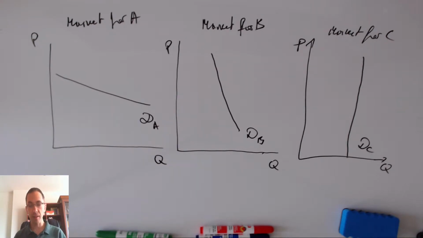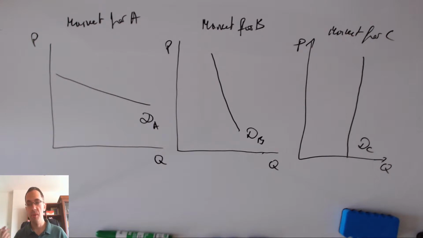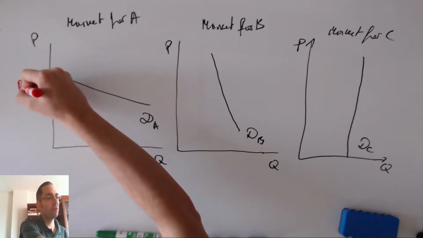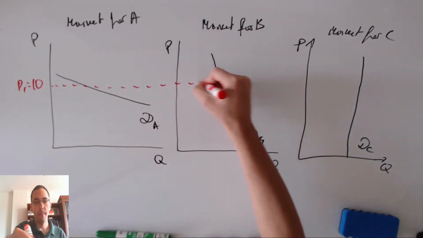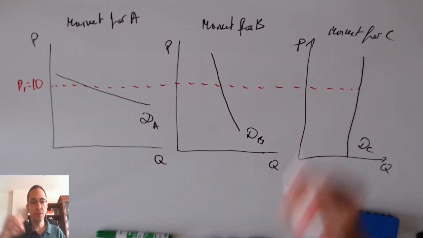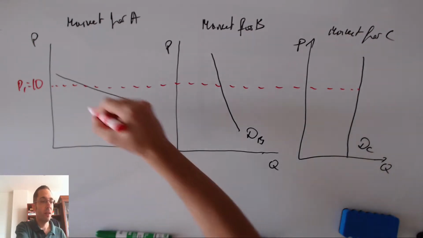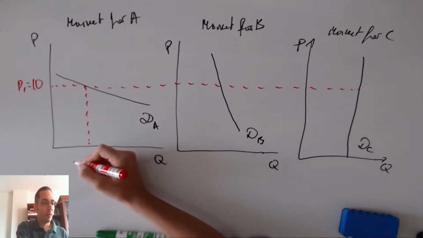And let's say that your starting price in each market was P1. Actually, I'll use a number, say 10. So initially, each good had a price of 10, and let's say 500.